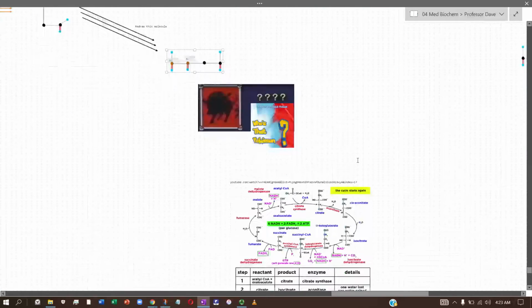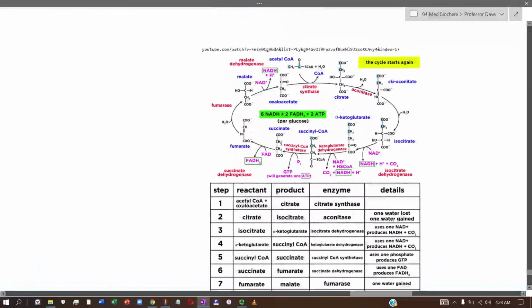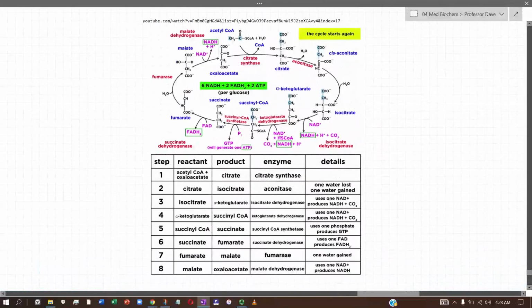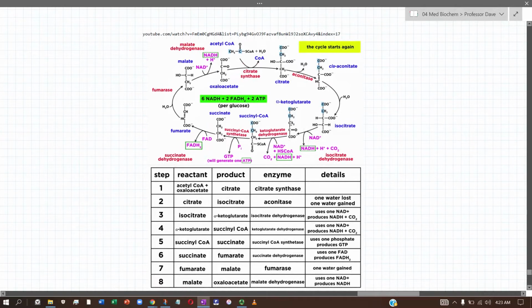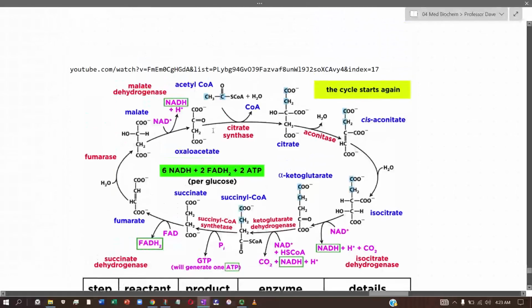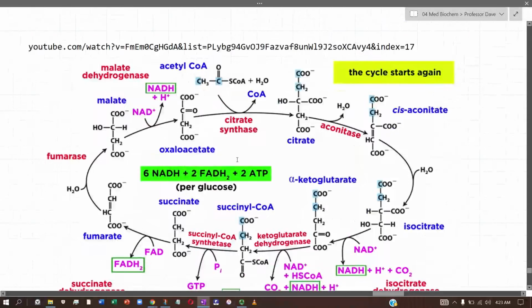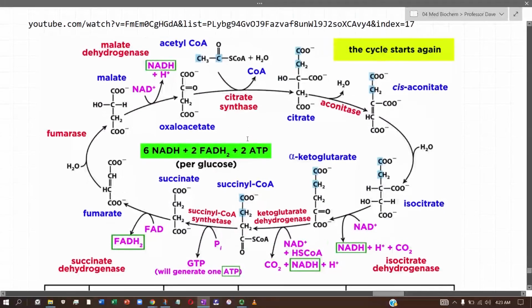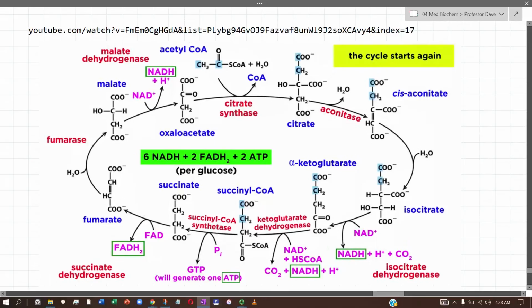All right. So these are screenshots from the Professor Dave Explains playlist. He has this short summary of what's going on with the citric acid cycle. So it begins right here.